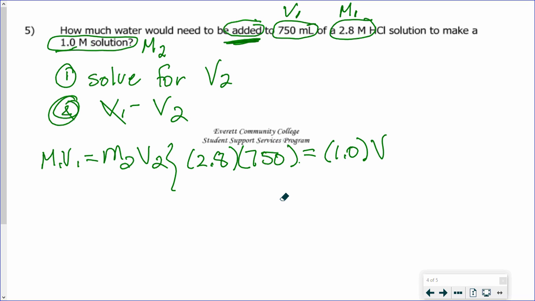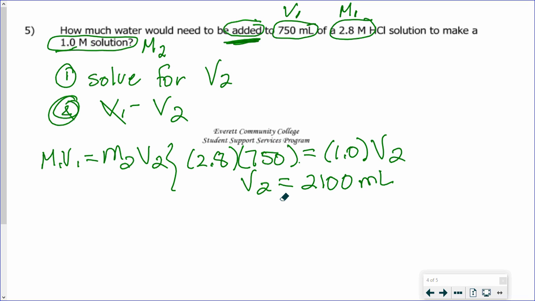So V2 would be 2.8 times 750 divided by 1. So I got 2,100. So 2,100 milliliters is how much we have.